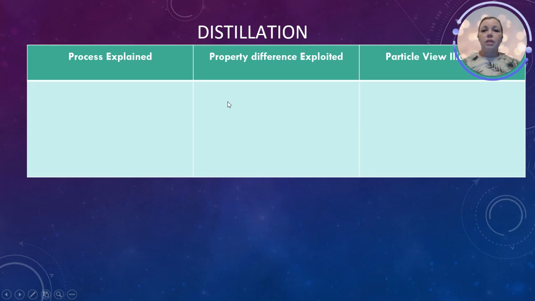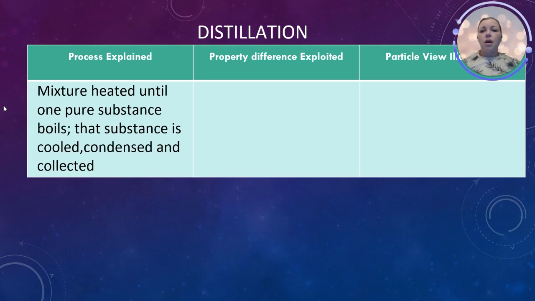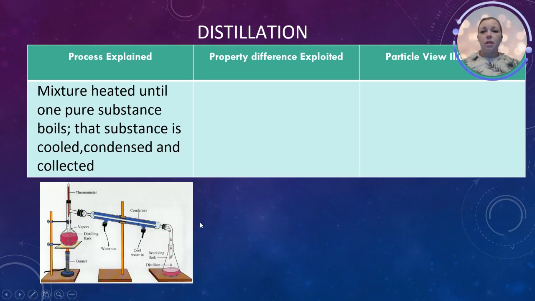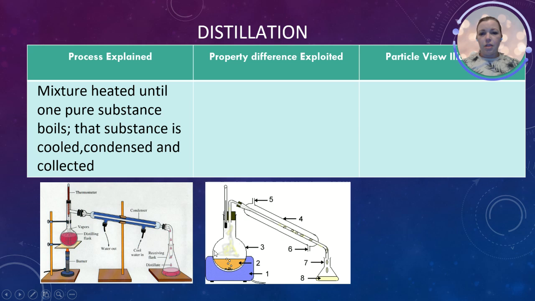So distillation is a process in which a mixture is heated until one pure substance boils, and that substance is then cooled, condensed, and collected. You can see I've got two illustrations for you here. You have a substance in a flask, you heat it up, one of the substances vaporizes, and then it travels into a tube, and surrounding the tube, and this is better shown over here, there's cold water that goes into what's called a condenser.